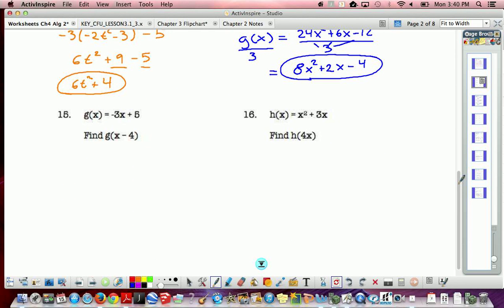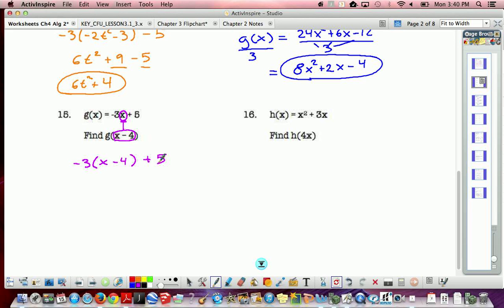Number 15. Now I have g of x equals negative 3x plus 5. I want to find g of x minus 4. So I take this x minus 4 and put it in the place of the x within the function. So I have negative 3, replacing the x now with x minus 4, and then I have the plus 5.